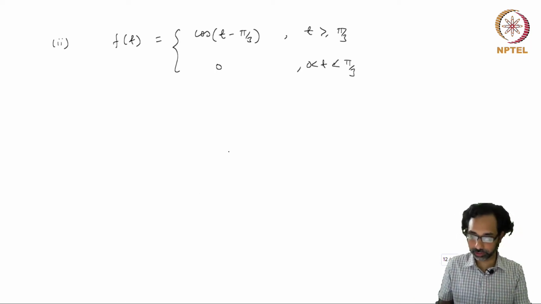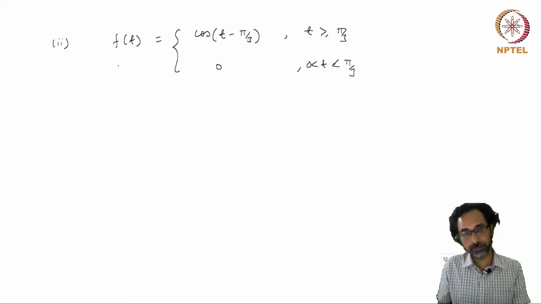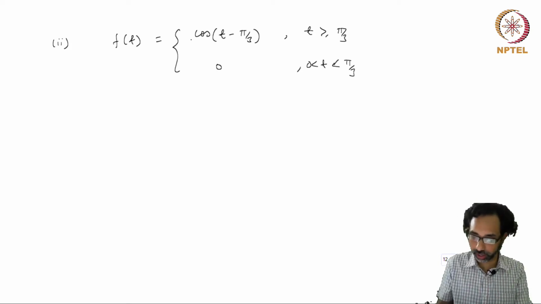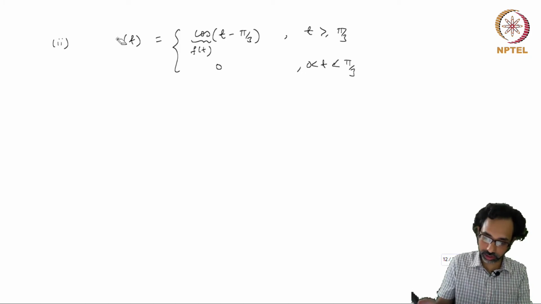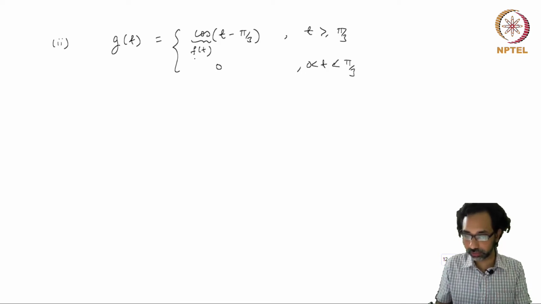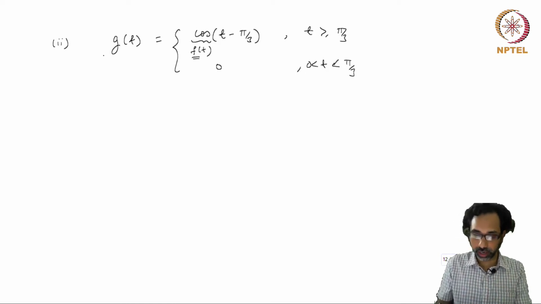This is simply the way we define the shift g(t) from f(t). So let me write this as g(t) so that no confusion occurs. This new function is defined using the cos function, which is f(t), and we define this new function g(t) using the shifting in the domain.